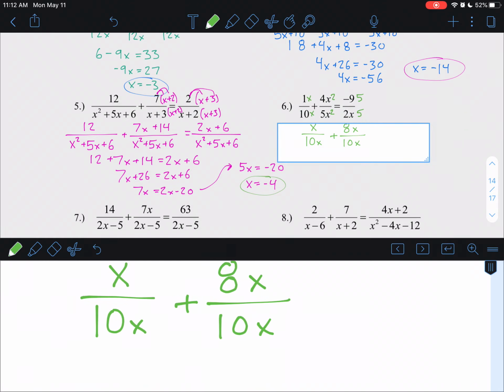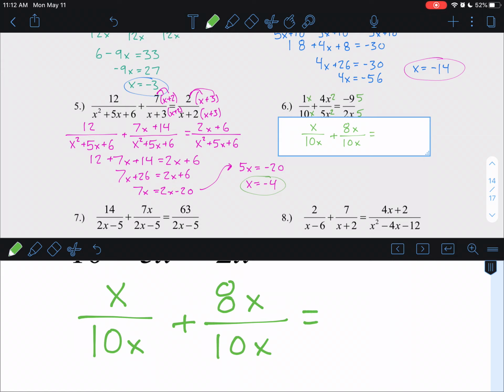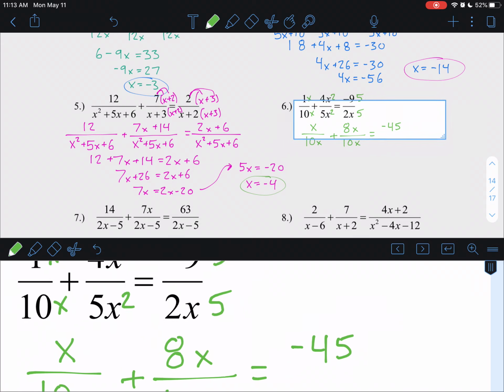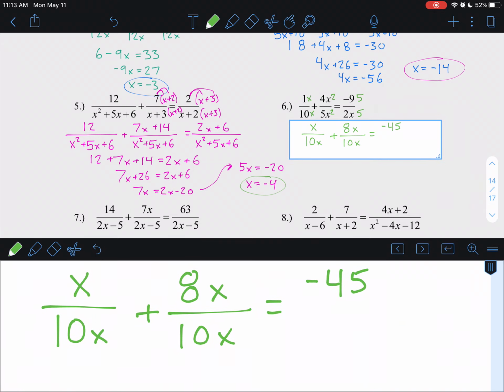And then let's see, equals negative 9 times 5, which is negative 45. And then 2x times 5 is going to be 10x. So my new equation is x over 10x plus 8x over 10x equals negative 45 over 10x.